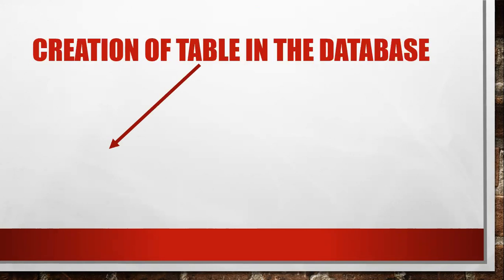Before creation of the table, three important things must be clear in our mind. What are those three important things? The first one is the field name. Suppose I want to create a table of an employee. What kind of information do I want to store? Suppose I want to store the employee code, employee name, salary, department. These are the fields for the table employee.